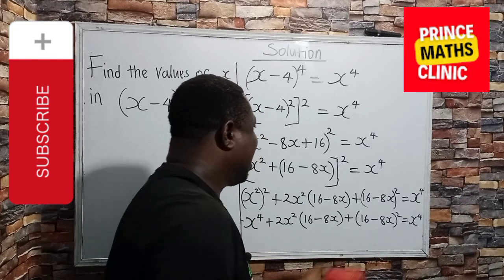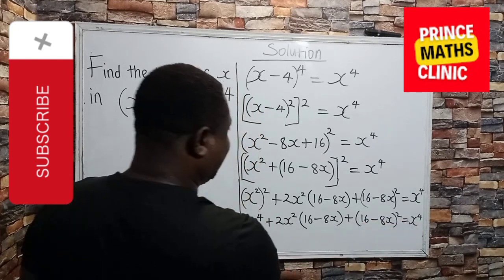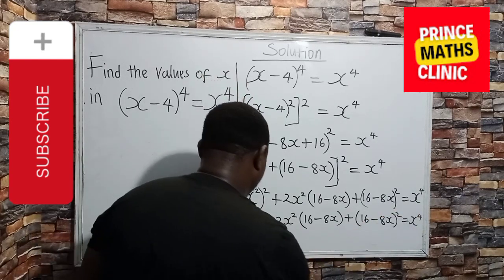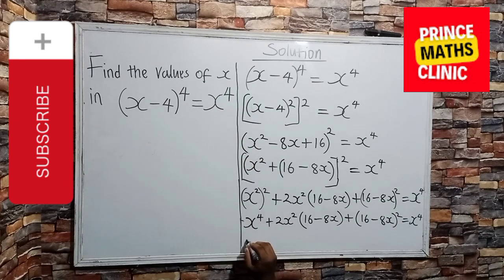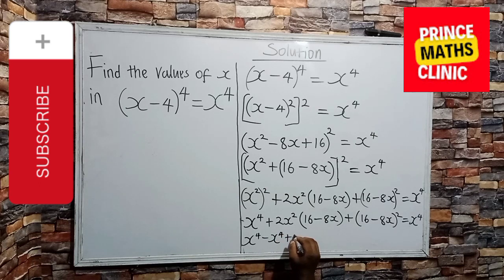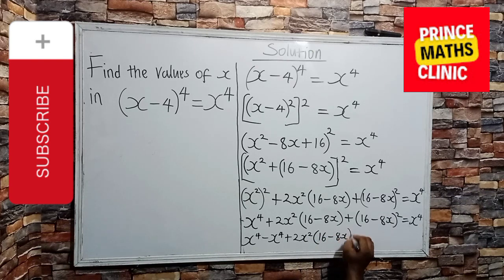Now, if I bring x to the power of 4 to this part, it will become negative. So this becomes x to the power of 4 minus x to the power of 4, plus 2x squared, open bracket, 16 minus 8x, plus (16 minus 8x) all squared, equal to 0.